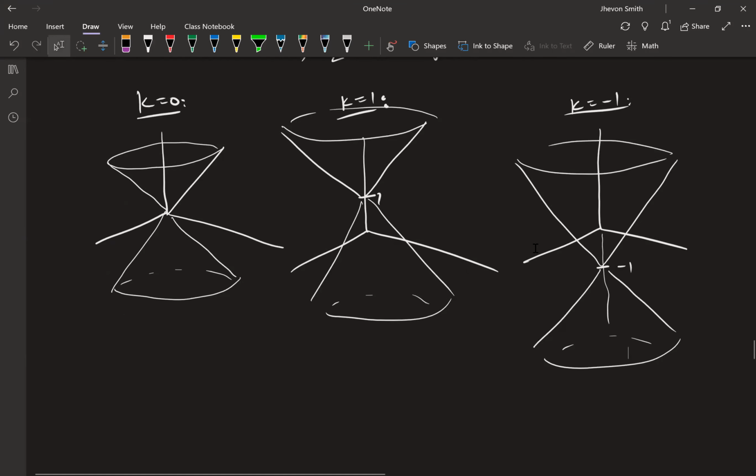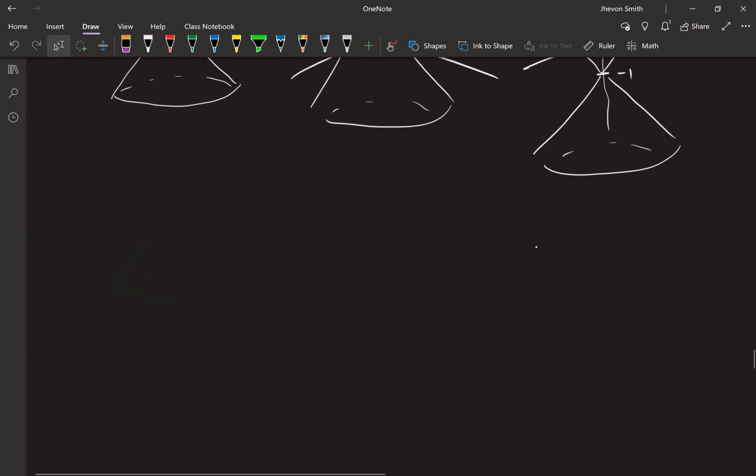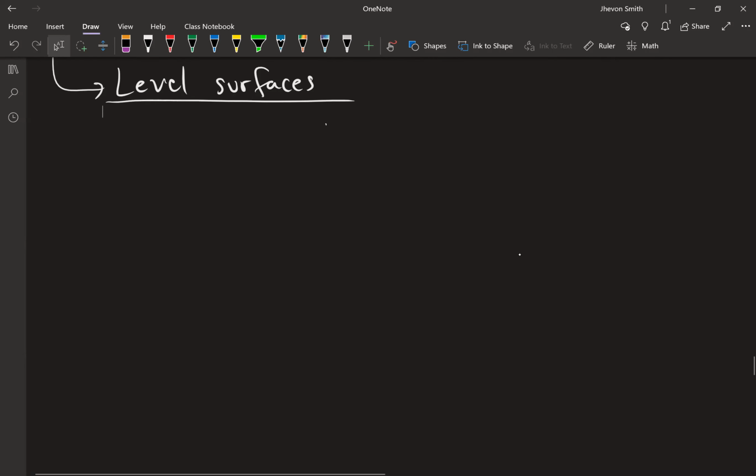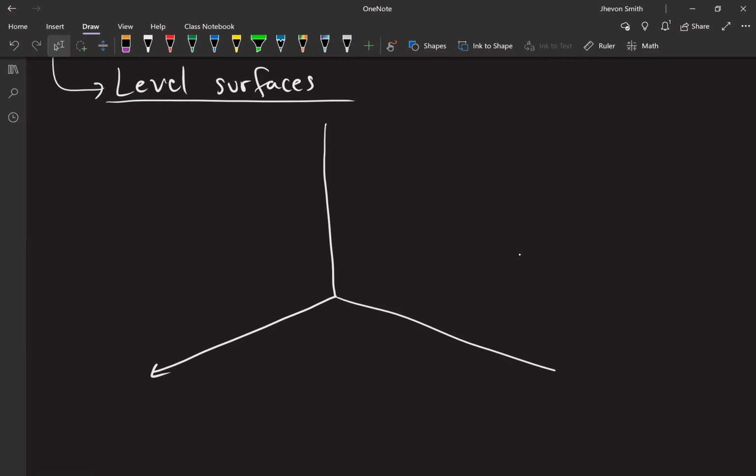So what would the level surfaces look like here? Concentric isn't quite the word, but because I can't really draw it specifically here, it will kind of be like concentric cones.